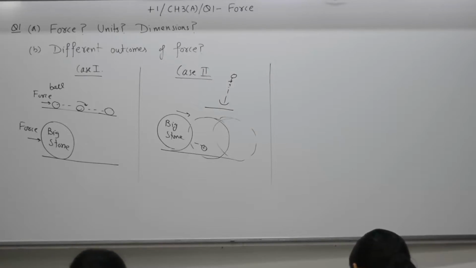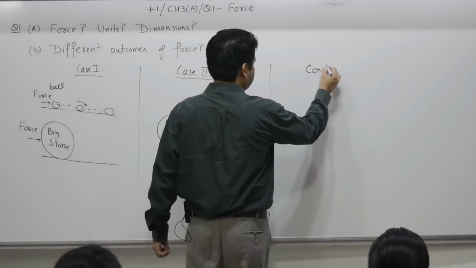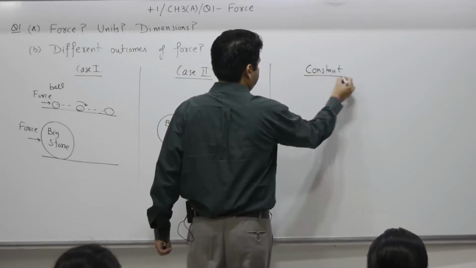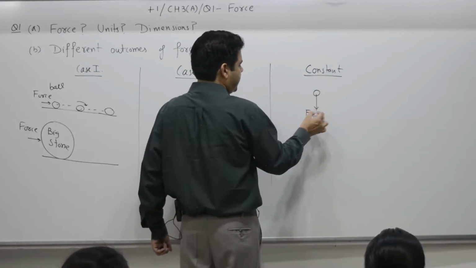Third part: when a piece of stone tied to one end of a string is whirled in a circle, a constant force has to be applied. Case number 3, change of direction. You apply a force perpendicular to the stone.